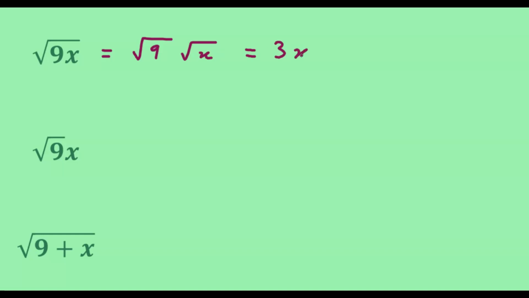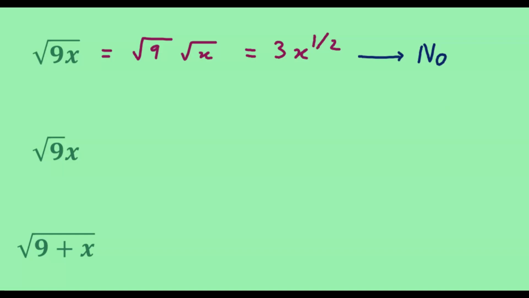And the square root of x is equal to x to the power of half. So we end up with a number multiplied with a variable raised to the power of a fraction. That is not a whole number. And since the variable is raised to the power of a number which is not a whole number, because of that, the answer for this one will be no. This is not a polynomial.